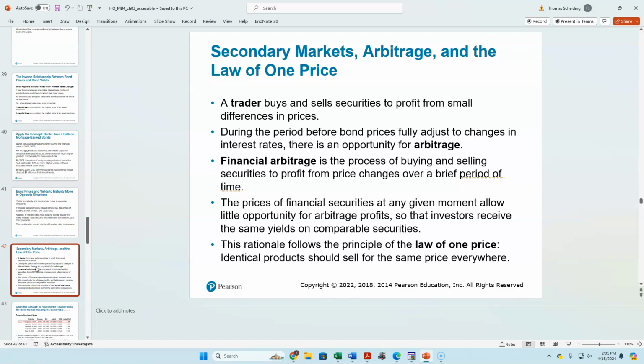You're going to give me enough of a deal to make it so that I'm either equally well off, or maybe I engage in some arbitrage, which means I think the markets have gotten the prices a little bit wrong. And if the market has gotten the price wrong, I can possibly profit from this by buying things in one market and then selling them at a higher price somewhere else.